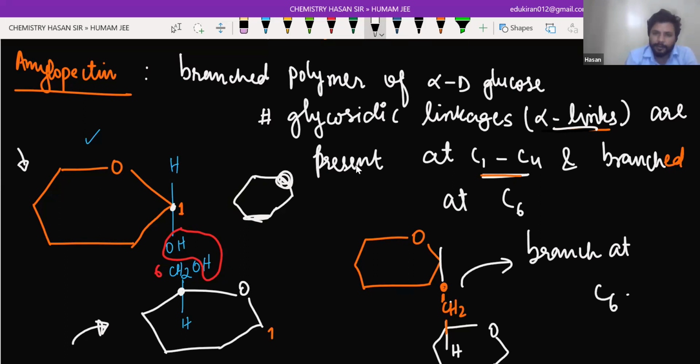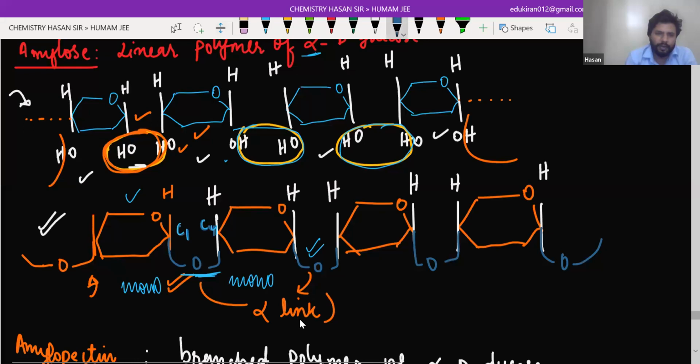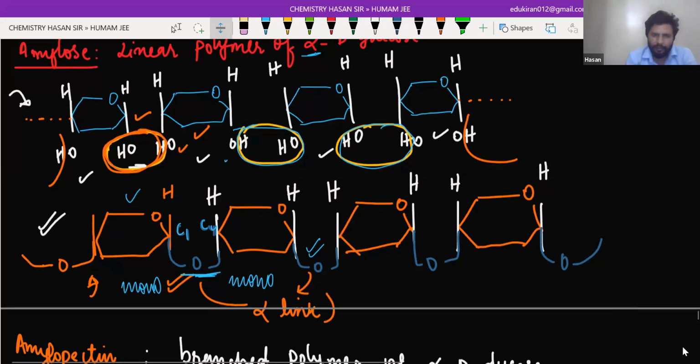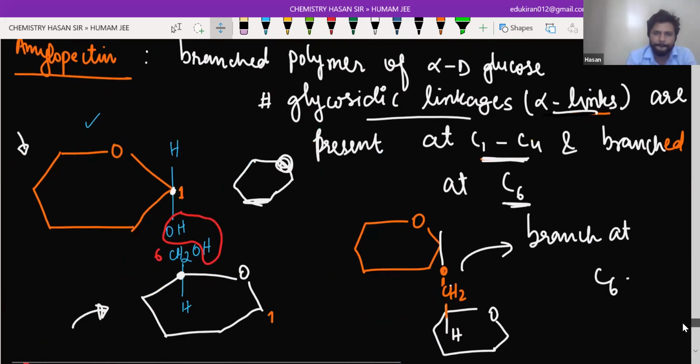So these alpha links or glycosidic links are between C1 and C4, and branched at C6 because this is connected at the 6th carbon. Very simple. You can call it alpha links or glycosidic linkage. Why alpha links? Because it comes from the alpha group. Is that clear?